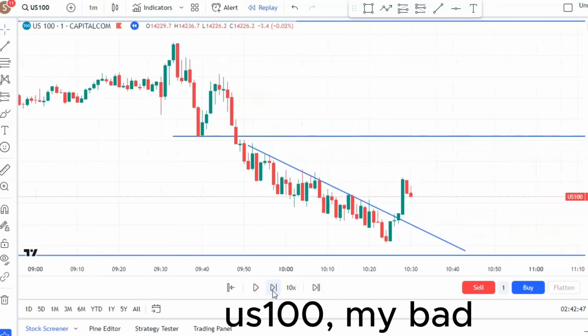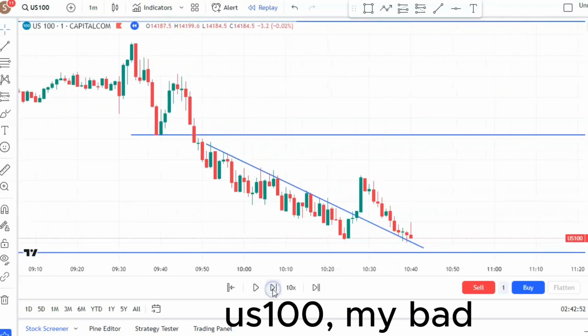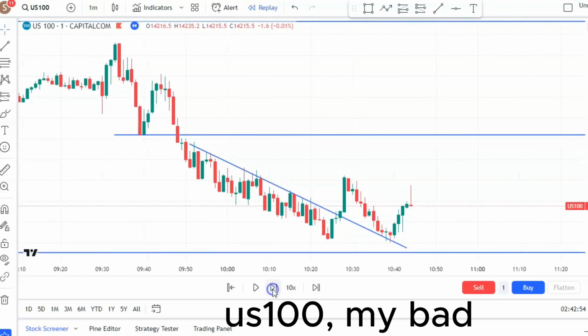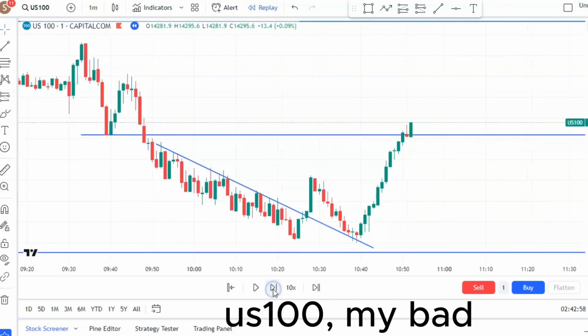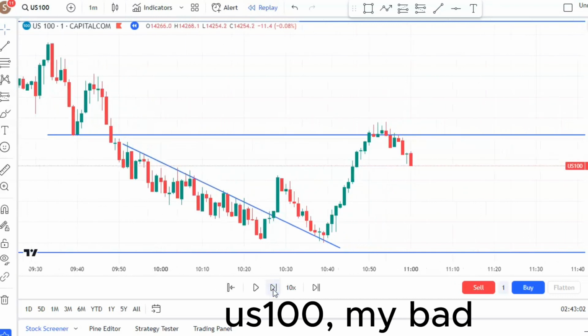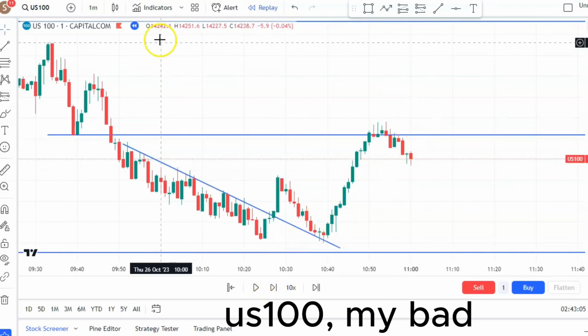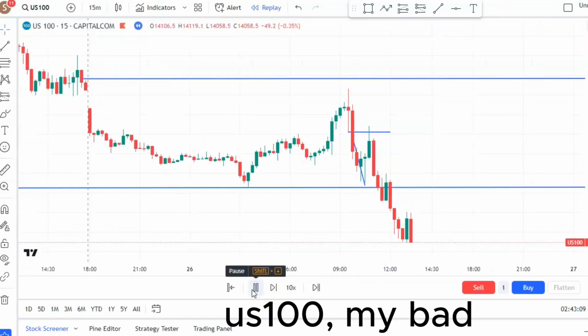So I want to see at least 3 pushes with an engulfment. And my timing window is over, so we have no trade that day.